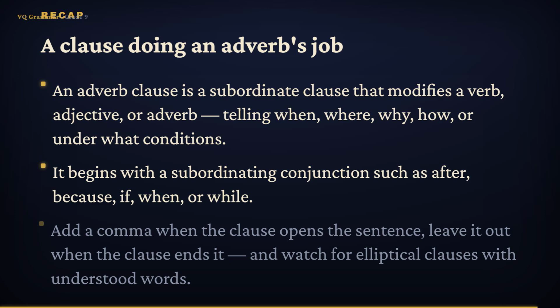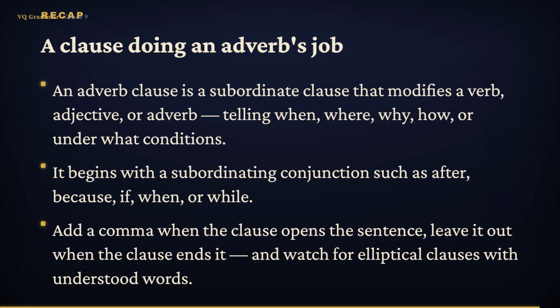And don't forget the punctuation. When the adverb clause opens the sentence, follow it with a comma. But when it comes at the end, leave the comma out. Keep an eye out, too, for elliptical clauses, where a word like a verb is understood but never written.